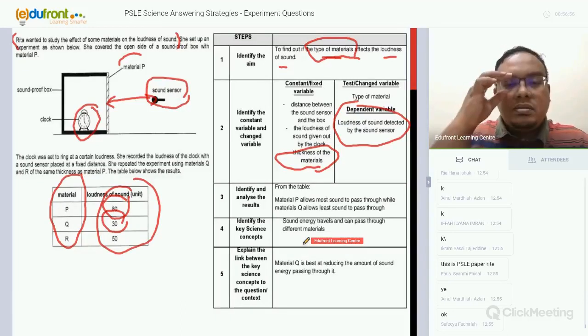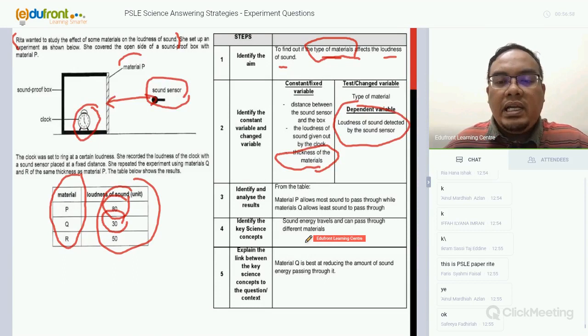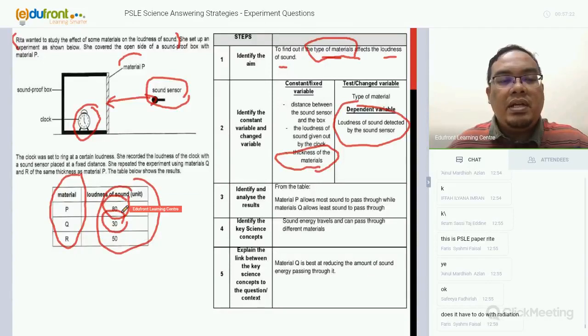Okay, step number 4. Once you identify the result of the experiment, you need to identify the key science concepts, right? So the science concept here is that sound energy travels and can pass through different materials. This is a past PSLE question. So explain the link between the concept and the question. Material Q is best at reducing the amount of sound energy passing through it. Why?